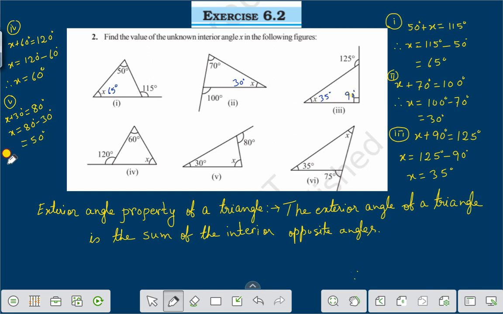Now question number 6. Here you see in this figure that this is the exterior angle and these are the interior opposite angles. Therefore, we can write x plus 35 degree is equal to 75 degree.